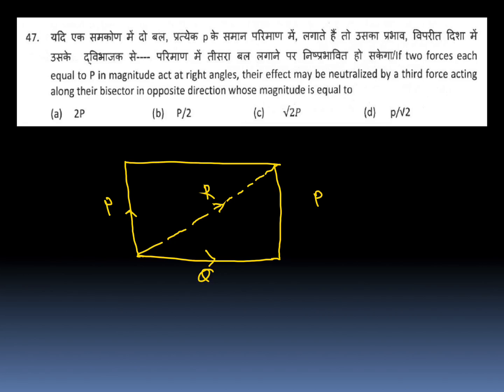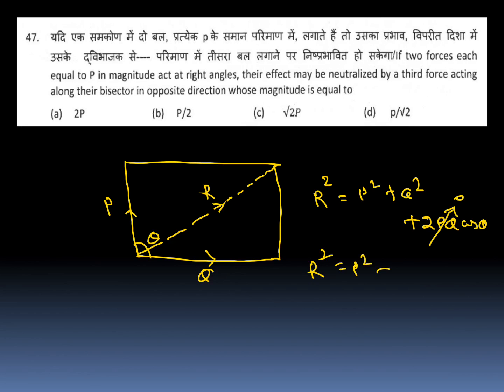R square equal to P square plus Q square plus 2PQ cos theta. Here theta is 90 degrees given. So cos 90 is 0. R square equal to 2P square, both being the same magnitude. So R value is P root 2. C is your answer.